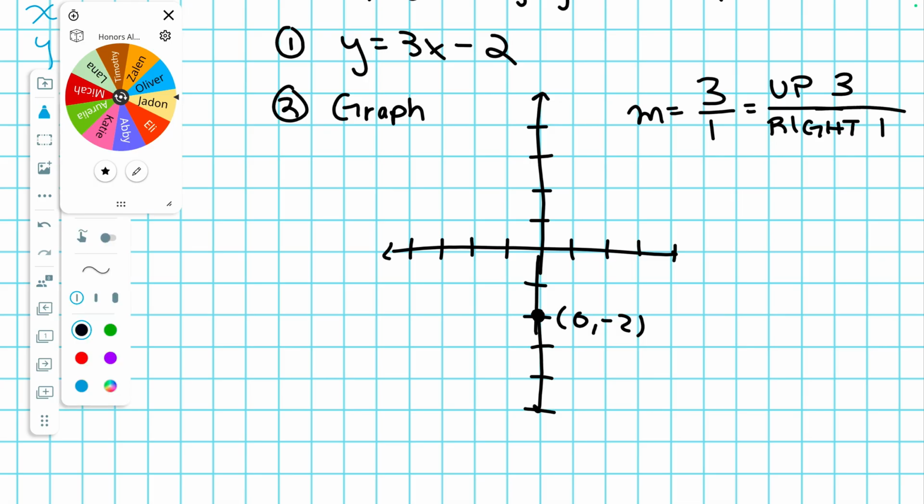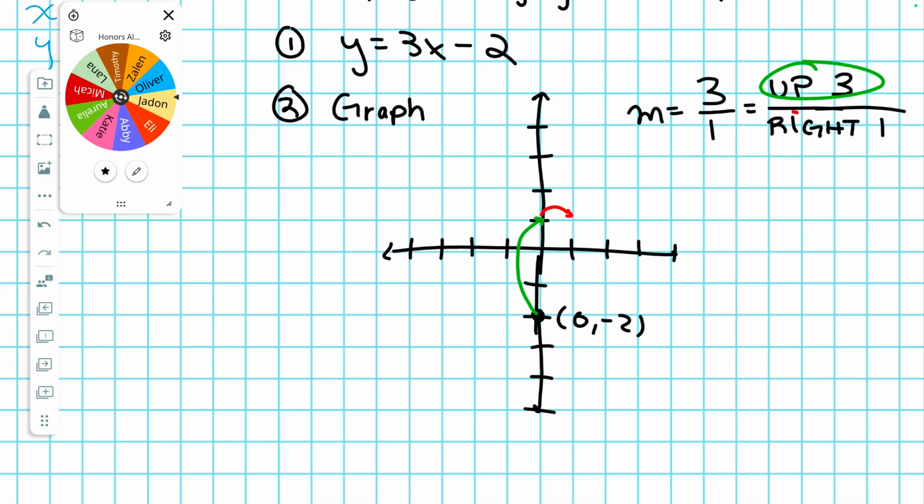And then I can go like this. Up 3. 1, 2, 3. Over 1. Right 1. So my new coordinate point is right there at 1, 1.